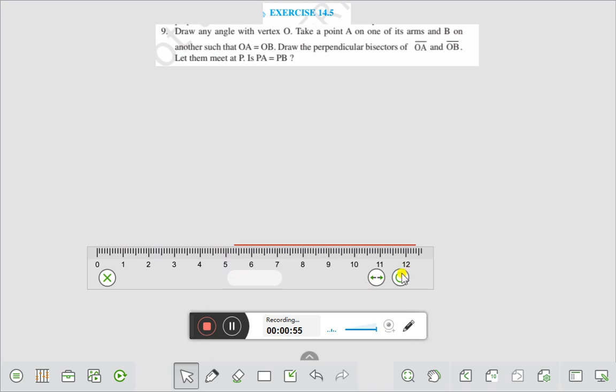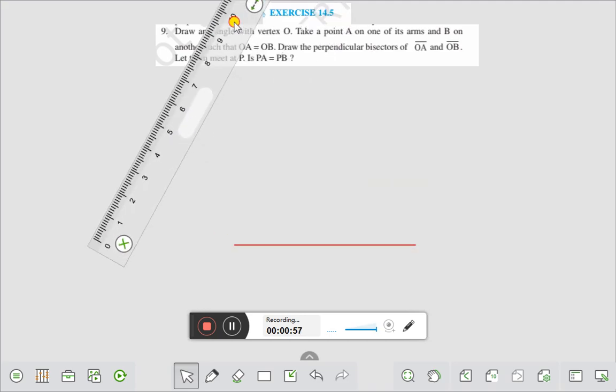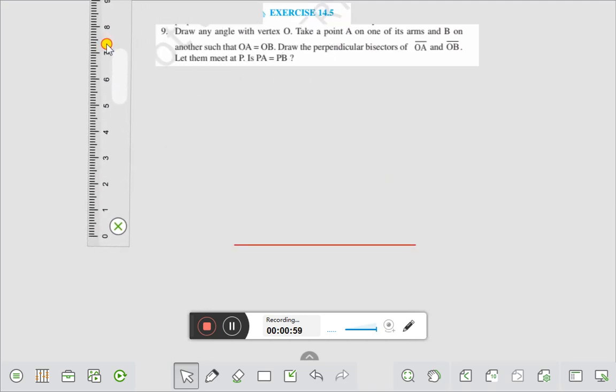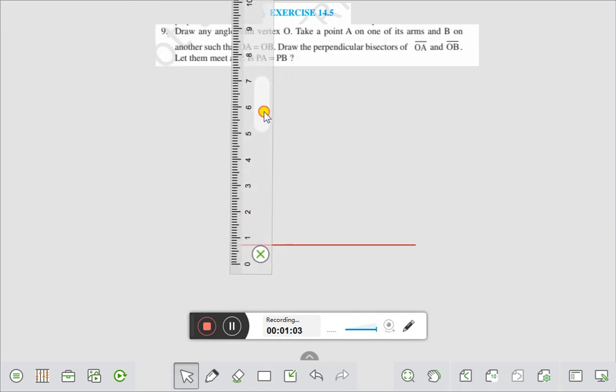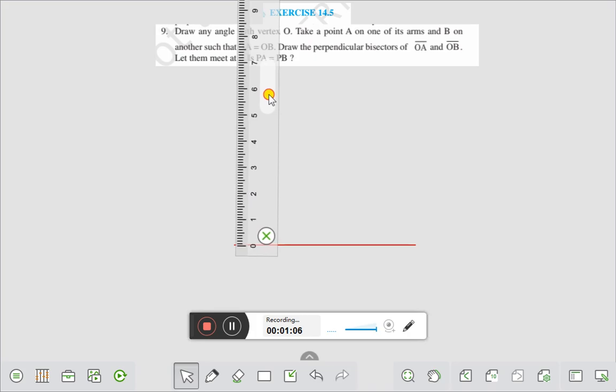So let us take another angle, any angle. Here also we are taking 6.5 centimeter.